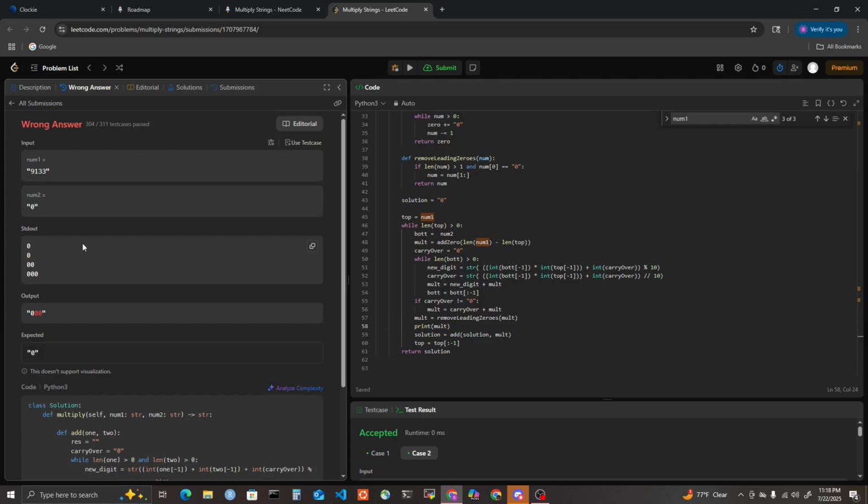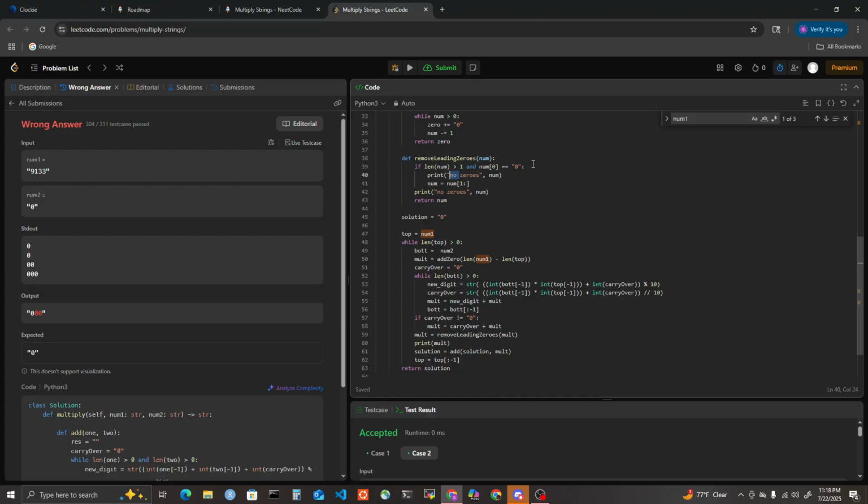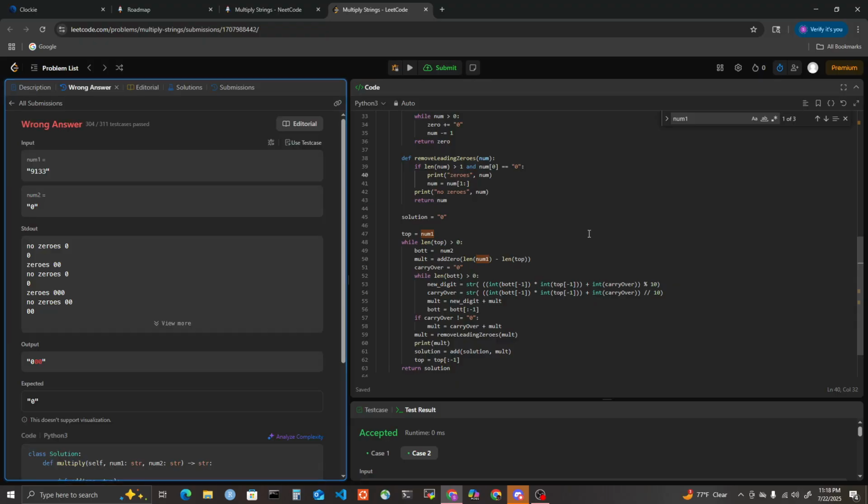Not good at all. Why is that not working? No zeros, and then I'm gonna put num, and then print zeros. I am so freaking tired right now. Another day, no sleep.